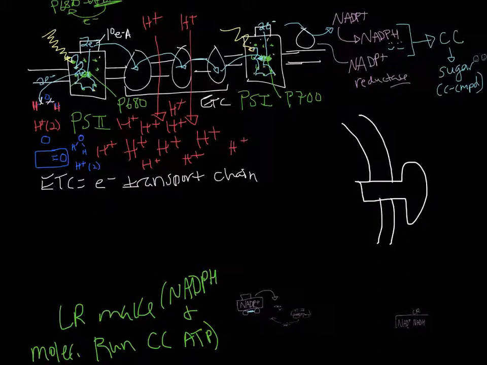Now all this stuff is repeated over and over and over in the thylakoid membrane. There's many photosystem, electron transport chain combos, and then there's many what we call ATP synthases, which are going to synthesize ATP, and they're enzymes.